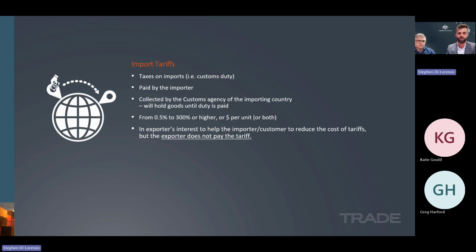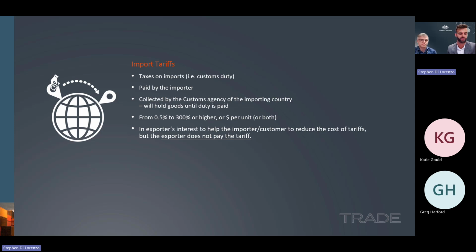So I'll kick off, and we'll start by talking about what we mean by tariffs and duties. These are taxes that are applied to imports of a particular product or service into another market, also called customs duties. These are actually applied by the receiving country.